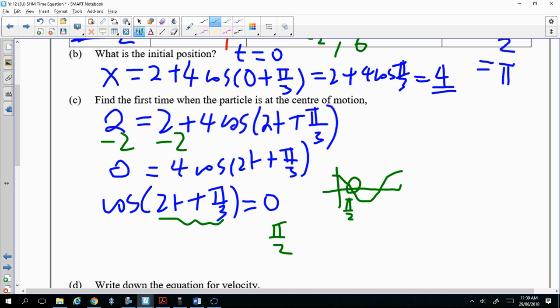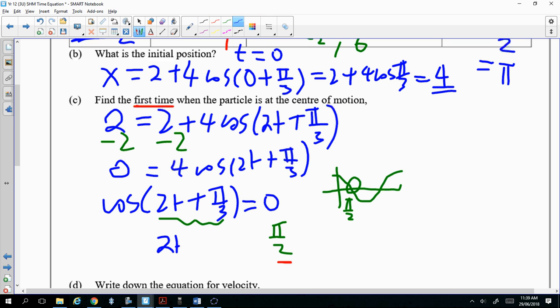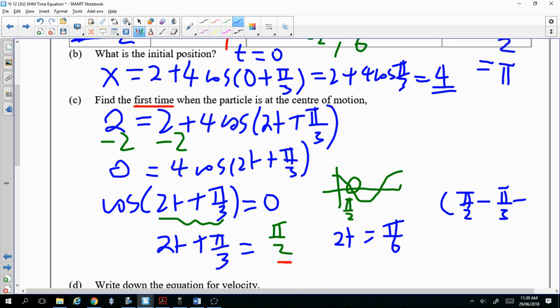Continuing, 2t plus pi over 3 equals pi over 2. 2t equals pi over 6, because pi over 2 minus pi over 3 becomes pi over 6. So t equals pi over 12. So after pi over 12 seconds, it has gone to its center position for the first time. Actually, not really return, but going to the center position for the first time.